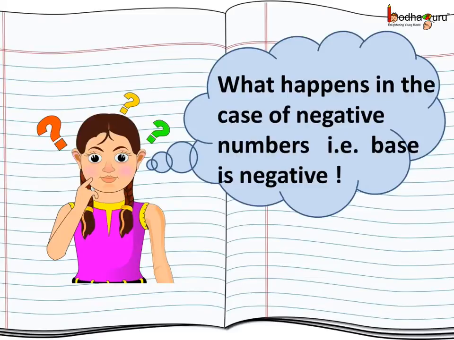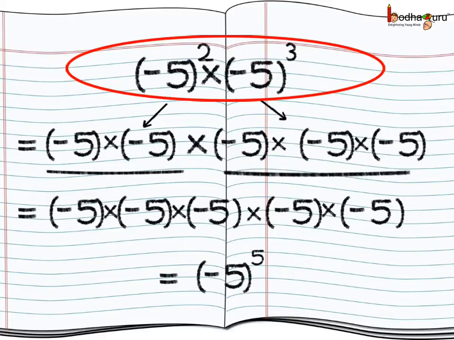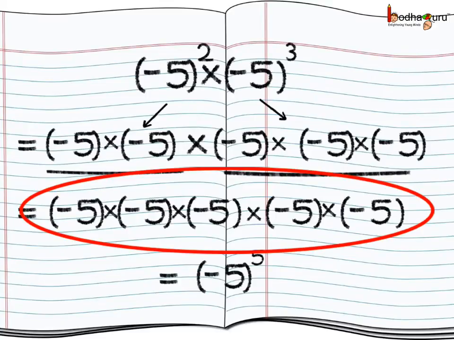Now, you may wonder what happens in the case of negative numbers, that is, when the base is negative. Let us see. Like here, minus 5 to the power 2 multiplied by minus 5 to the power 3. If we break it down, we find that we need to multiply 5 minus 5's. See, we are multiplying minus 5 five times.